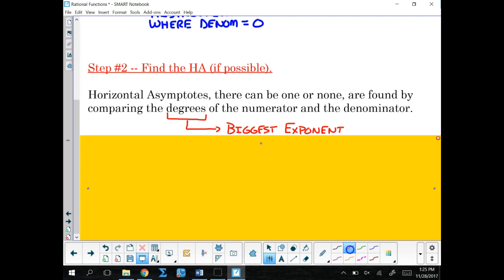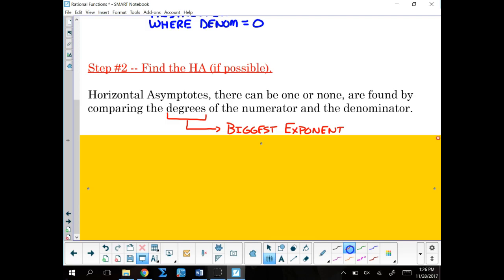Or one's smaller than the other. Or they're equal, right? So either the top degree is going to be bigger than the bottom degree, or the top degree is going to be smaller than the bottom degree, or they're going to be equal. When you're comparing two numbers, those are the only three options you can have. One's bigger, one's smaller, or they're equal.